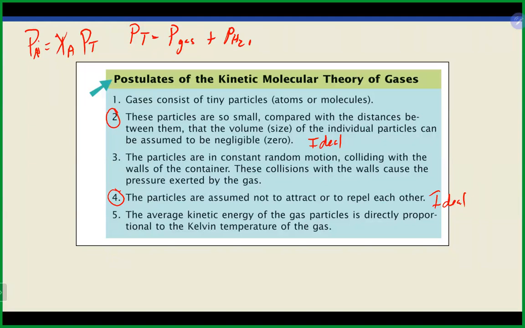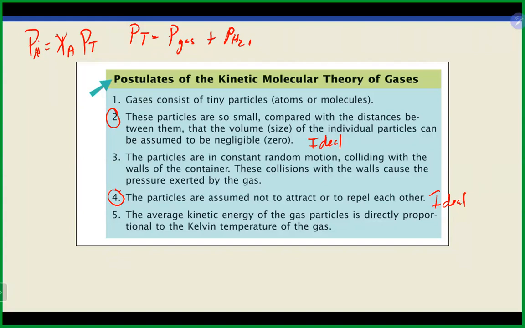It's assumed that although we may have multiple gas molecules in the same container, there's really no attractive or repulsive forces under normal pressures and temperatures. That's an ideal situation, and it's what allows us to do that calculation with the ideal gas law individually for each gas in a mixture of gases in the same container.